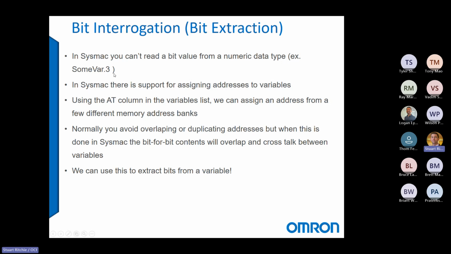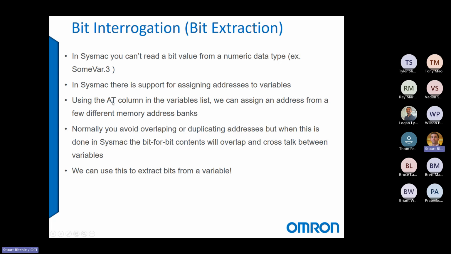So in Sysmac, we have basically two ways of doing this. We can use something called a union, which works with words, bytes, and bits, which isn't always the case. But we do have something in Sysmac called the AT column, which we talked a little bit about. And we can actually use the AT column to assign addresses to variables.